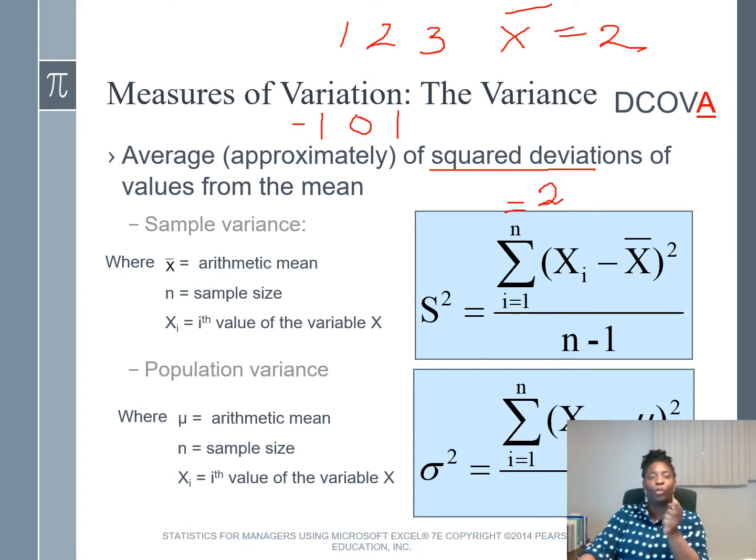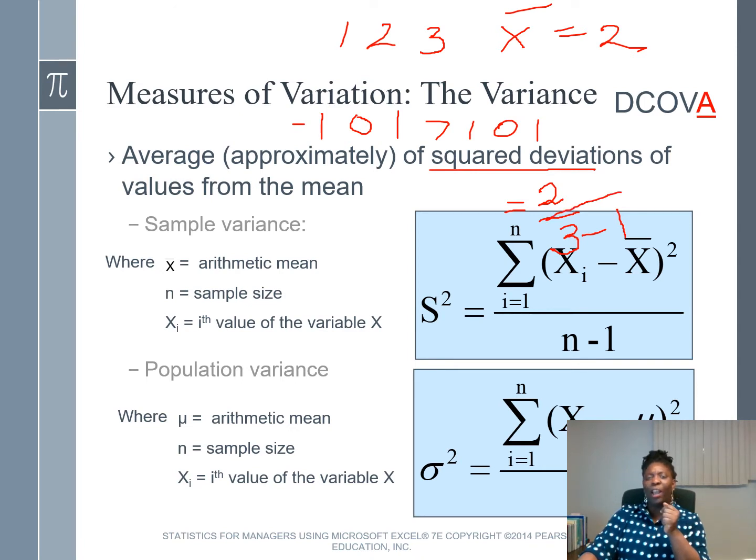The sum of the squared deviations is equal to 2. The deviations are 1, 0, and 1. So we need the average of the deviations. To do the average, we add them together and then divide by n if it's the population variance we're calculating, or n minus 1 if it's the sample variance.